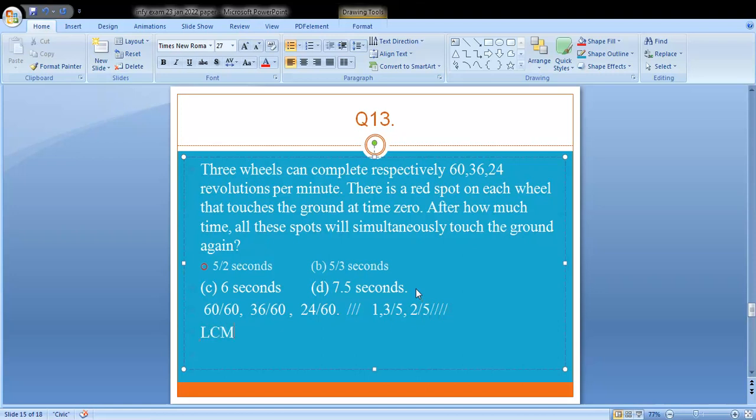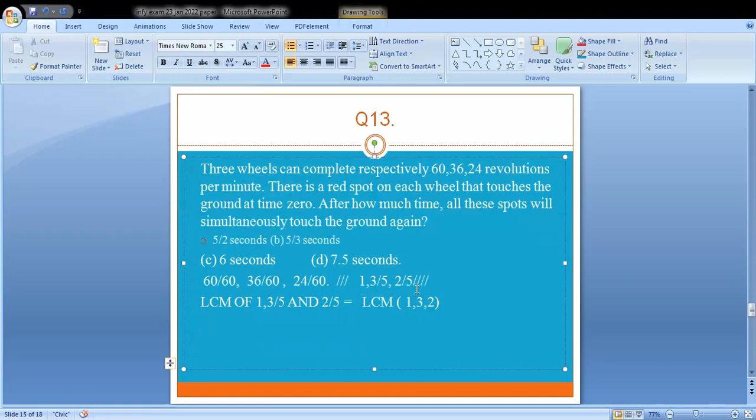If we take the LCM of 1, 3 by 5, and 2 by 5, we get the LCM of 1, 3, 2 divided by the HCF of 5, 5 and 5.